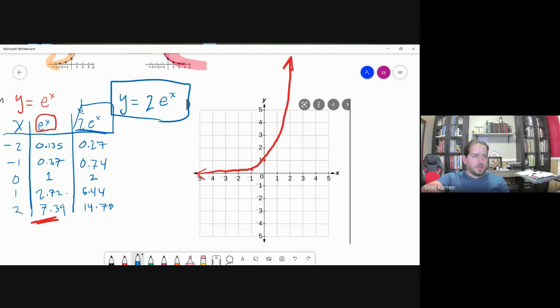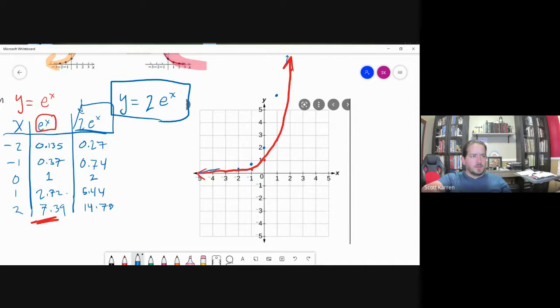So at -2, I have 0.27, which is maybe a quarter, a little more than a quarter up. -1, I have 0.74, so like there. At 0, I have 2. At 1, I have 5 point something, so up there. And then at 2, I'm way, way up there, right?